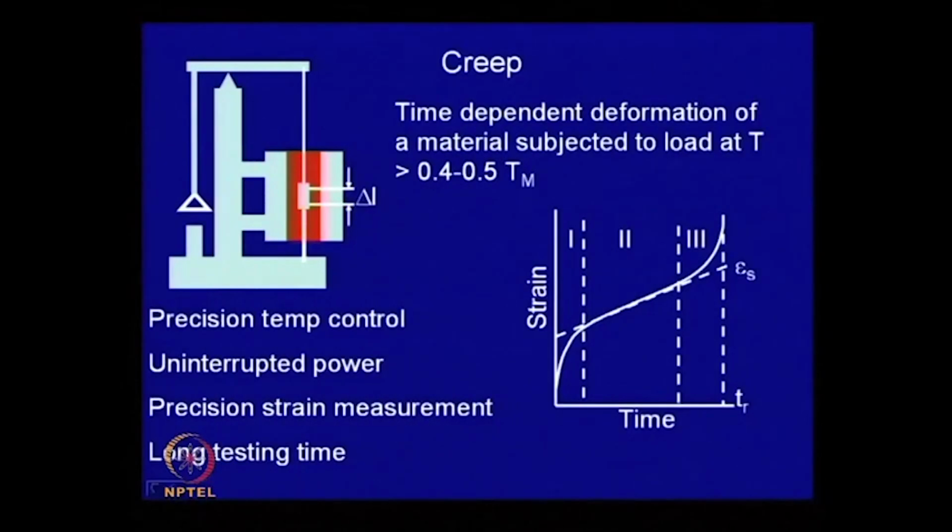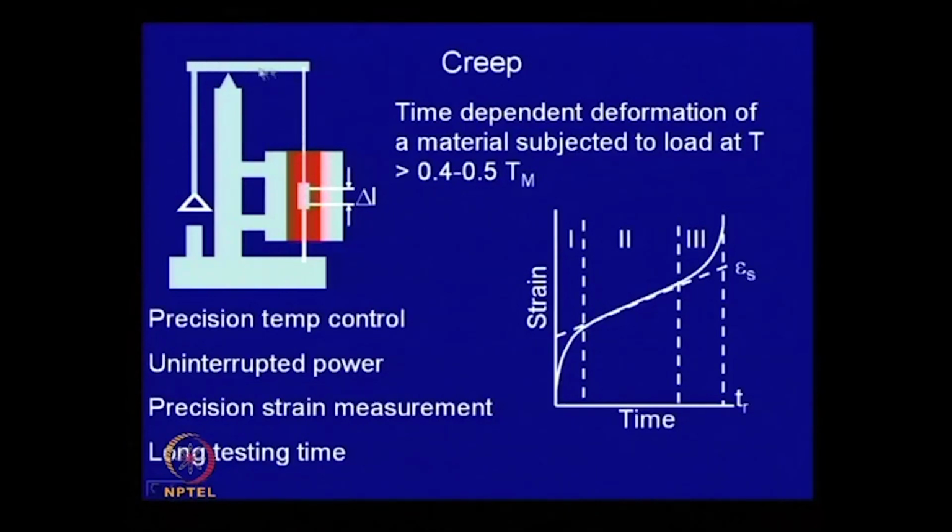This slow time-dependent deformation is known as creep, and this strain is usually measurable if the temperature is greater than 0.4 to 0.5 of Tm, where Tm is the melting point of the metal in degrees absolute. And this is done by loading a sample in tension.